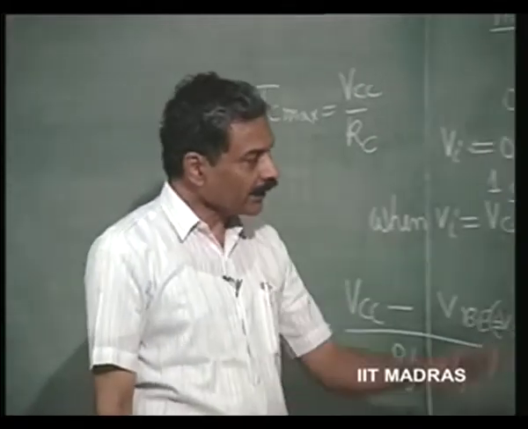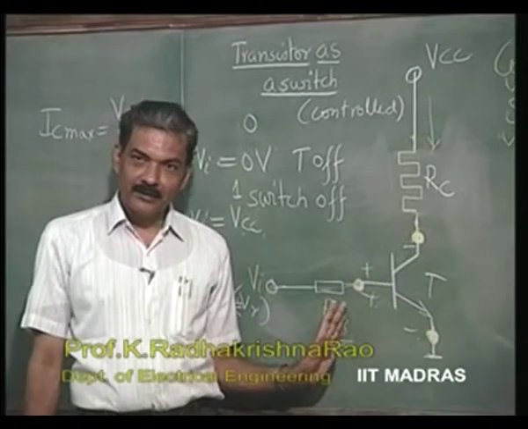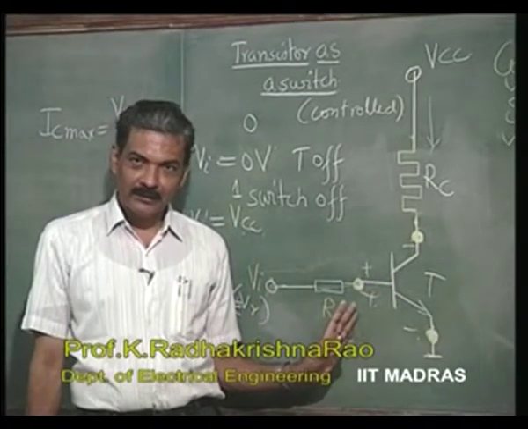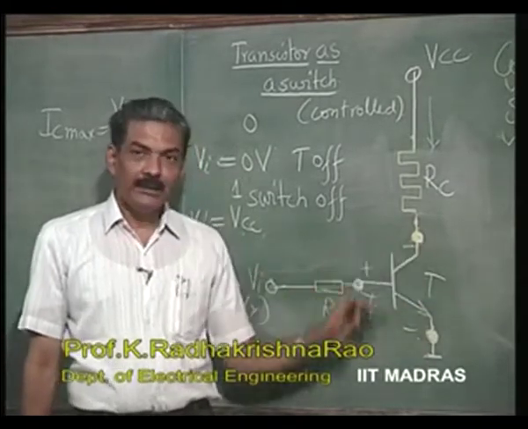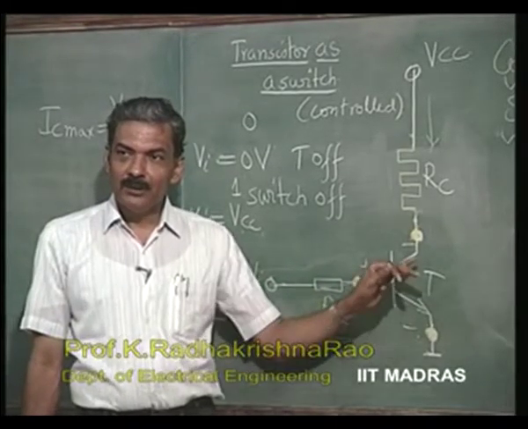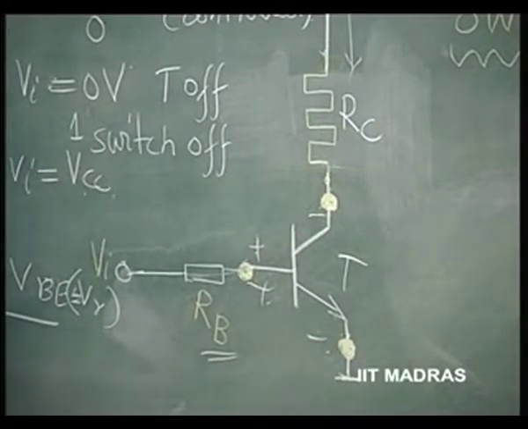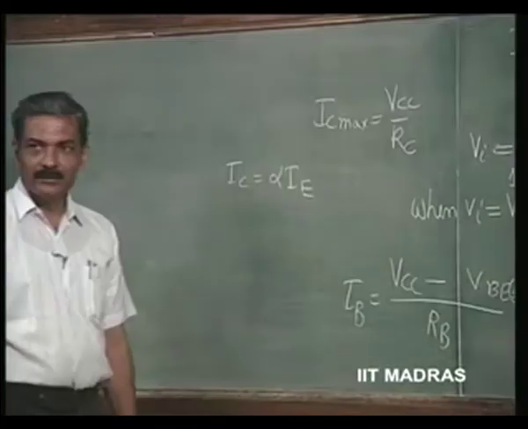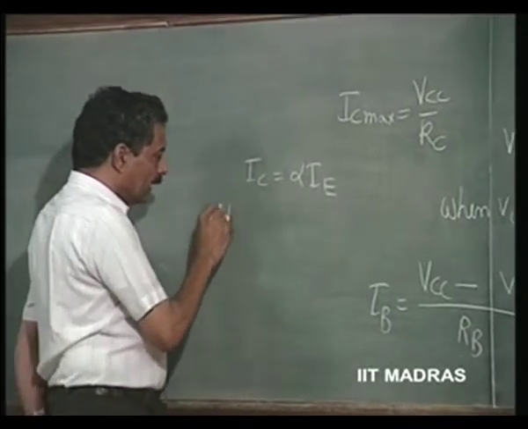If the transistor at that point of time has gone to saturation, then the base current should be such that it is in saturation. What does it mean? That means the relationship, that is Ic equal to alpha times Ie, is no longer valid. What it means is Ic equal to alpha times Ie is no longer valid. Here we know Ib.